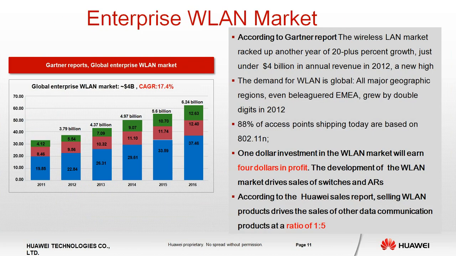Now that we know the priority of the WLAN, here is an idea of the sizing of the total addressable market on a worldwide basis. This report and the numbers came from Gartner. At the end of last year, the overall WLAN market, which includes the AC controllers, the APs, the access products, and the Wi-Fi phone, was just under $4 billion.